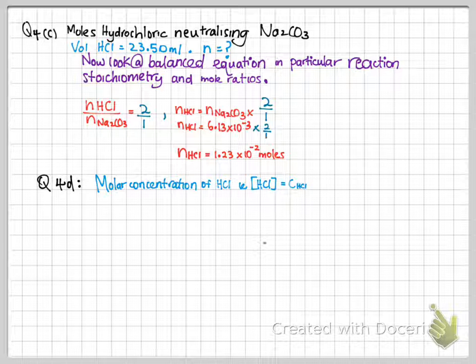Now question 4D is asking us to find the molar concentration of HCl. I've written it in 2 forms. I could write it with the bracket [HCl] or cHCl, which means concentration of HCl. Then you try and look for an equation where you have concentration in it, and that could be concentration is number of moles over volume.